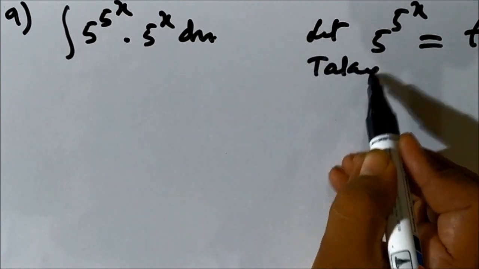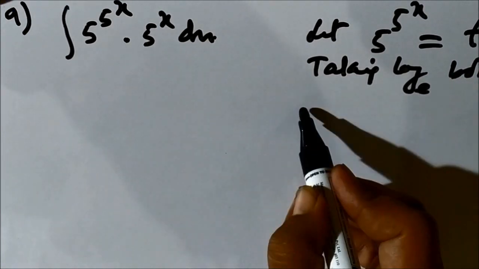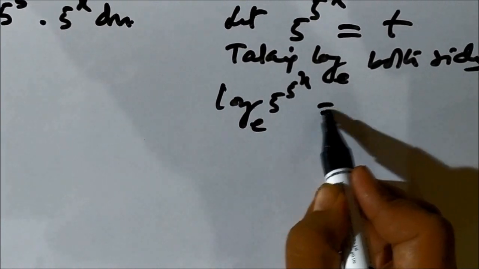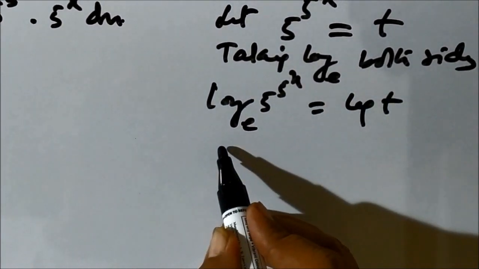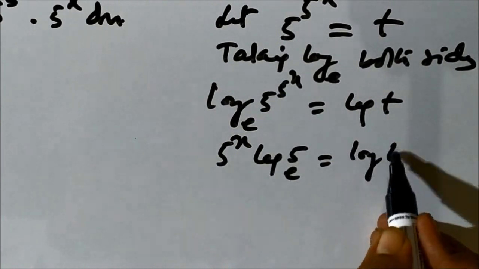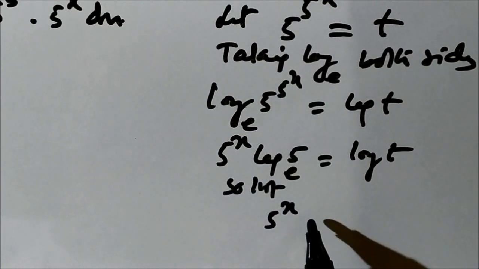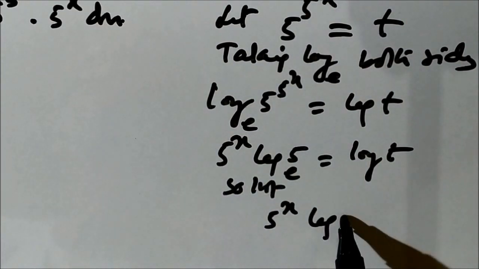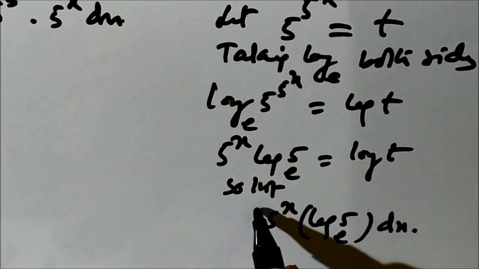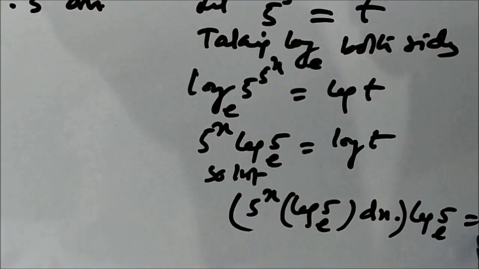Taking log base e both sides, log 5 to the power 5 to the power x base e equal to log t, or 5 to the power x log 5 base e equal to log t, so that 5 to the power x into log 5 base e into dx, log 5 base e, equal to differentiation of log t, 1 by t dt.